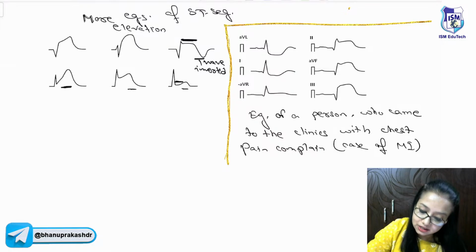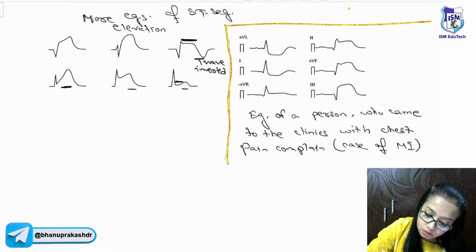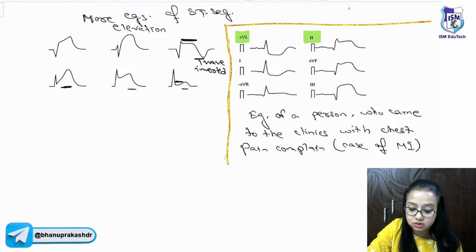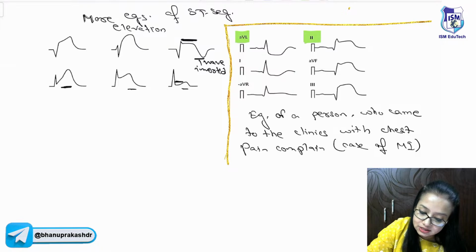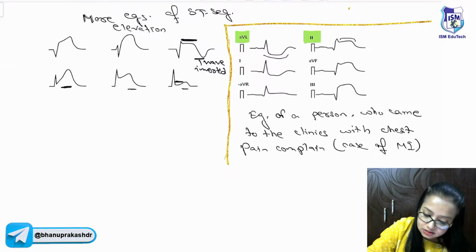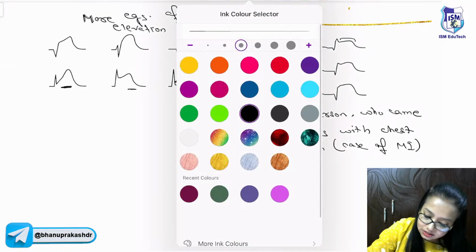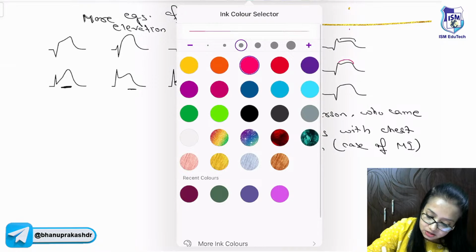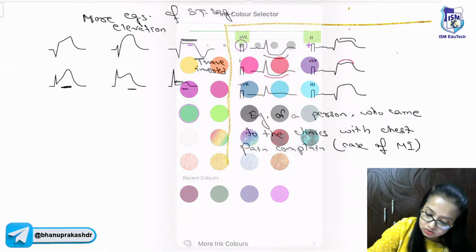So what was seen? It was seen that in the two opposite limb leads, the reciprocal leads, like aVL is reciprocal to limb lead 2, in one there is ST segment depression, in the other there is elevation. Same in all the leads, comparison was made.